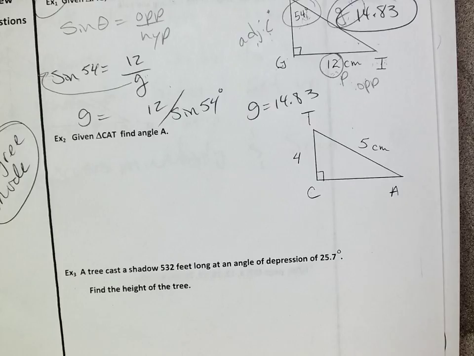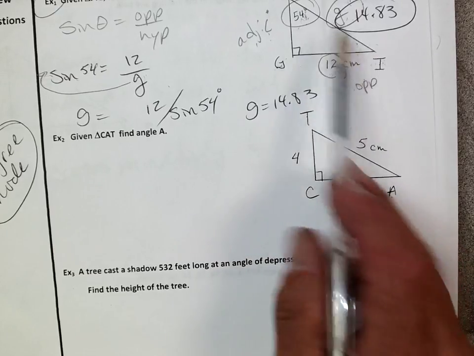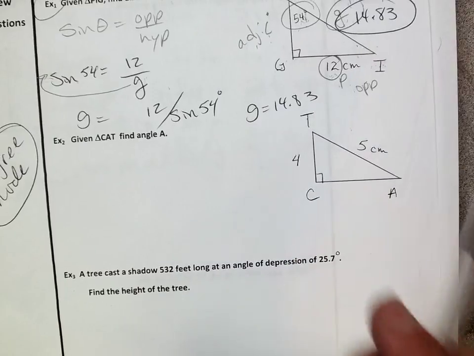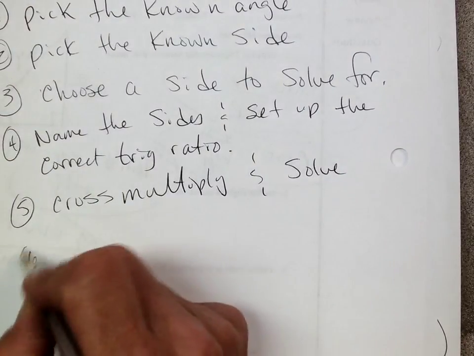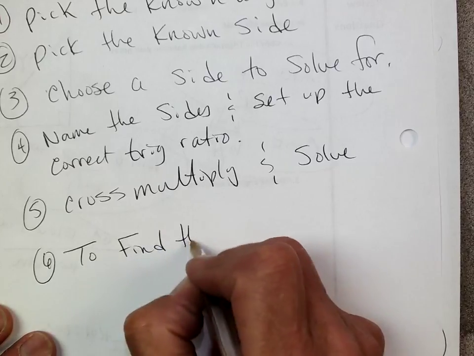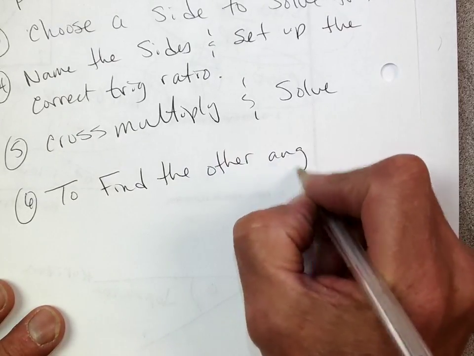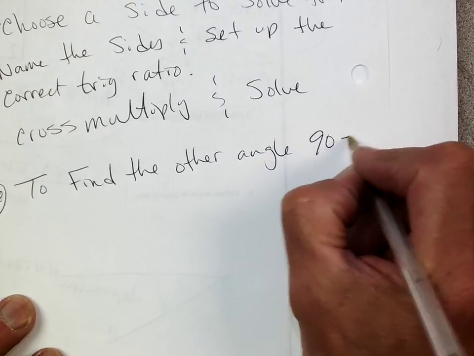Now, angle I is easy. How are we going to find angle I? Oh, angle I, you're ahead of me, not little I. Just 90 minus 54, you guys okay with that? So my step 6, to find the other angle, we're just going to go 90 minus theta.